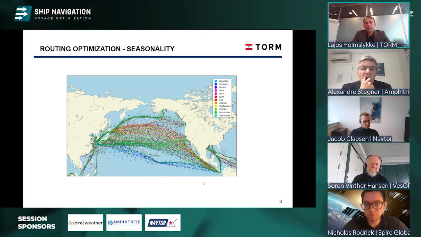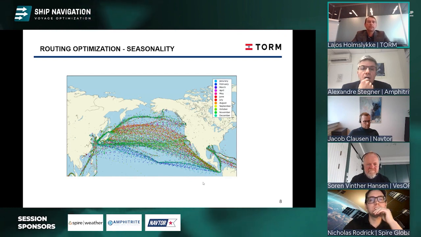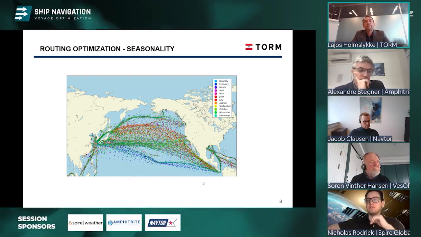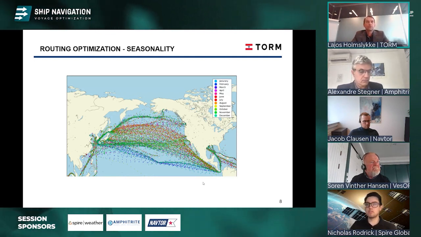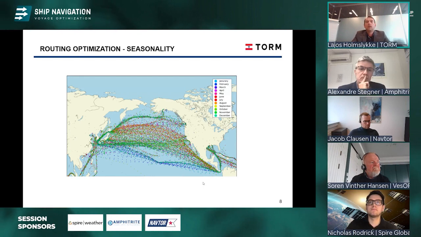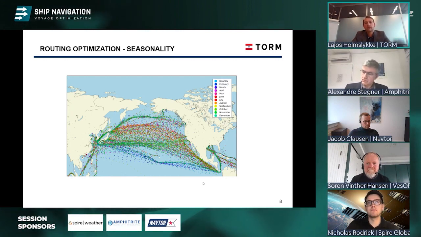Other projects we have been looking extensively into is seasonality. All of those at this conference who have a navigational background will know that there is a huge difference in the most optimum voyage crossing the bigger oceans, depending on the season. So we are also trying to implement seasonality in our routing optimization.